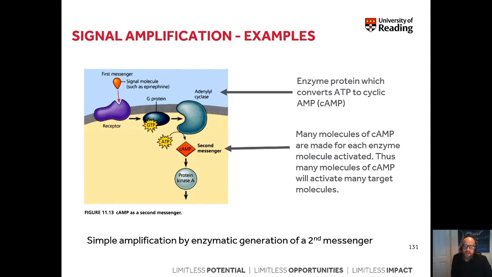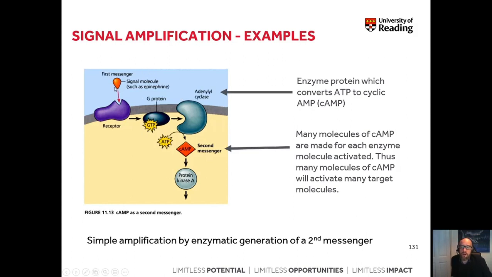Another example of signal amplification is enzymatic generation of the second messenger. For example, cyclic AMP. And this is usually the case if the molecular switch in the signal transduction cascade is a G protein coupled receptor. So I showed you this slide already before, so I'm going to repeat myself only briefly.